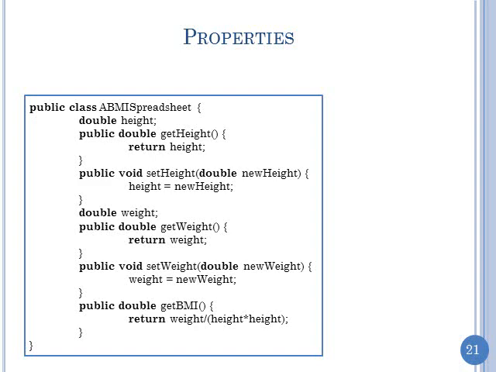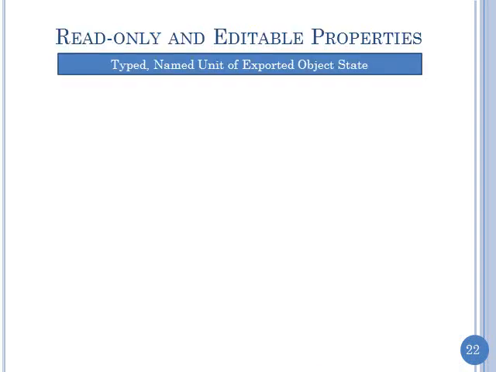In the case of editable properties, which we talk about, and in the case of these getters, the return value tells you. So there's read-only properties and there's editable properties, just as you have final variables and non-final variables. Okay, it's a typed unit of state, and it's a named unit of state, just like variables, but exported state rather than the private state.